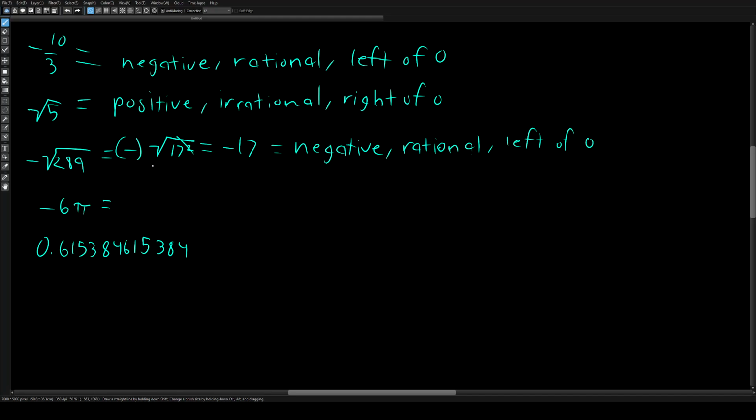So we will put this as negative. And because we can't really calculate any of that for now, we can't really use pi like that. It would be irrational, and it would lie to the left of 0.